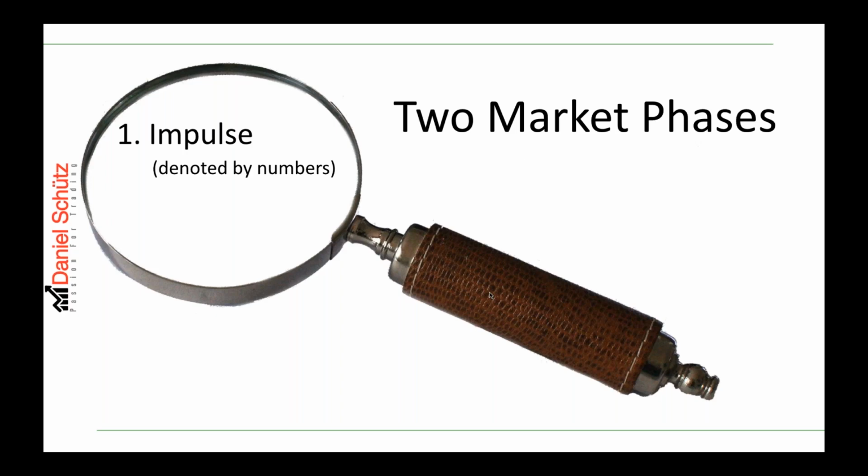And so we have two market phases. With impulse phases, or in Elliott Wave, we call them impulse waves. They are powerful. They move the markets forward. Most of the time, they are smooth and clean.